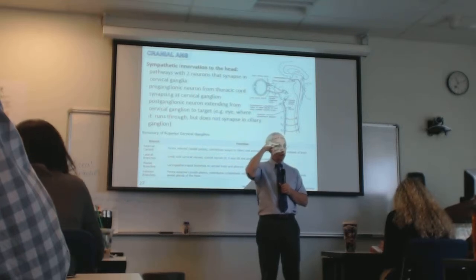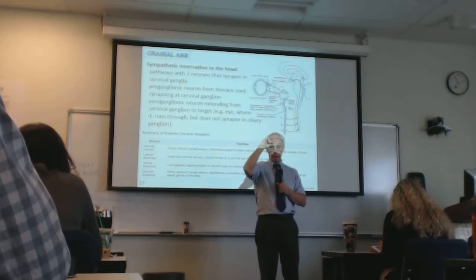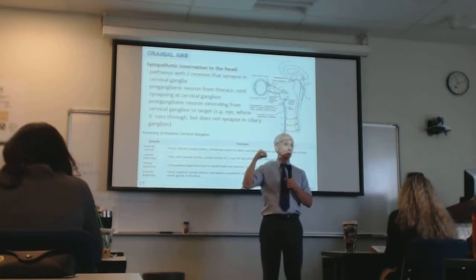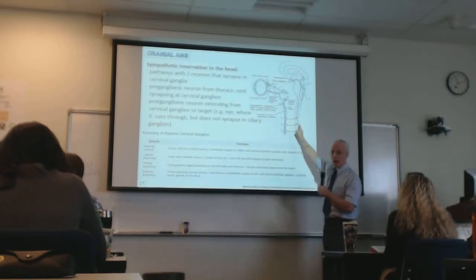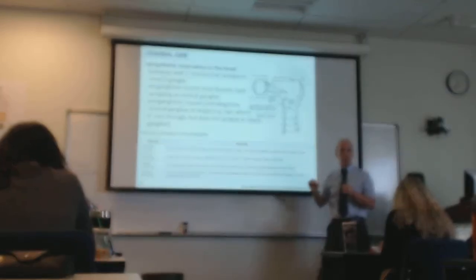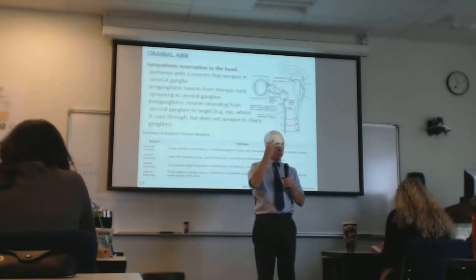And most of your ability to elevate your eyelid is that superior palpebral muscle we just talked about a moment ago, but about 20% is also sympathetic. So in Horner syndrome, if this pathway is severed or impaired in any way, the two classic symptoms are a change in the size of the pupil, since the sympathetic dilation is reduced, so the pupil is usually smaller, and you get a little ptosis.